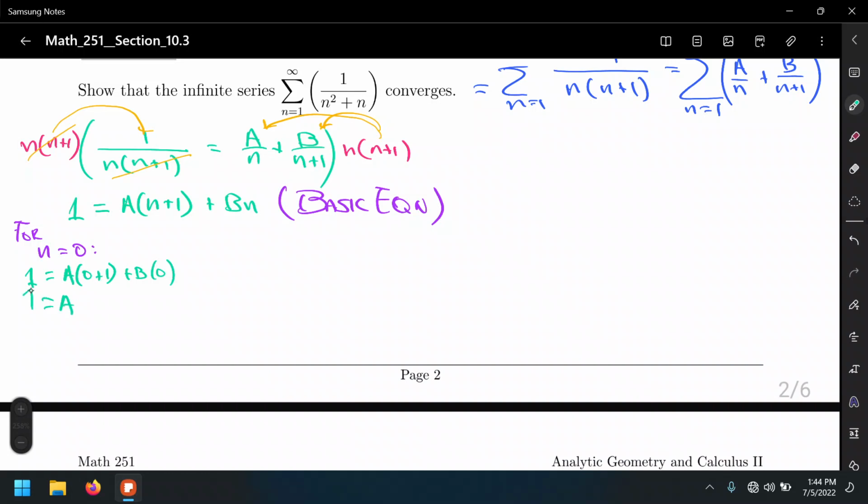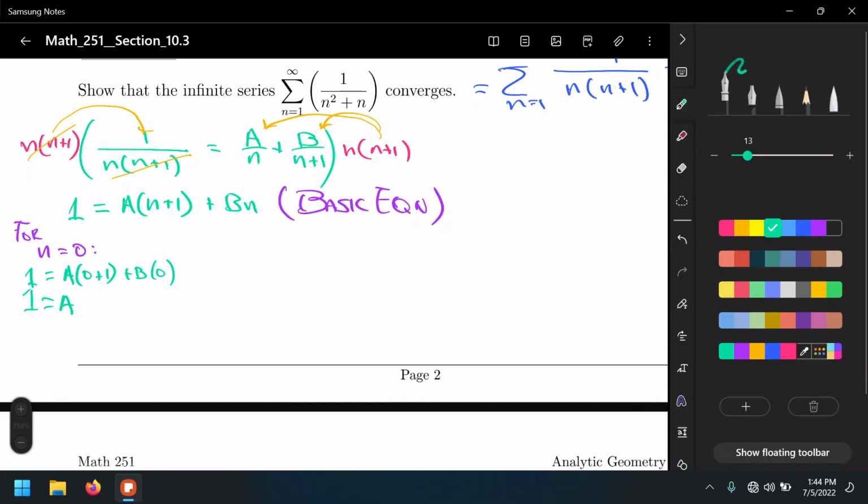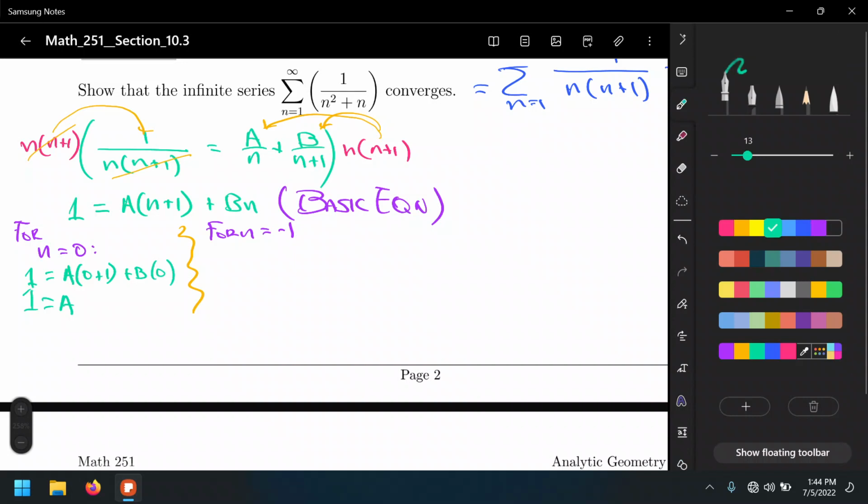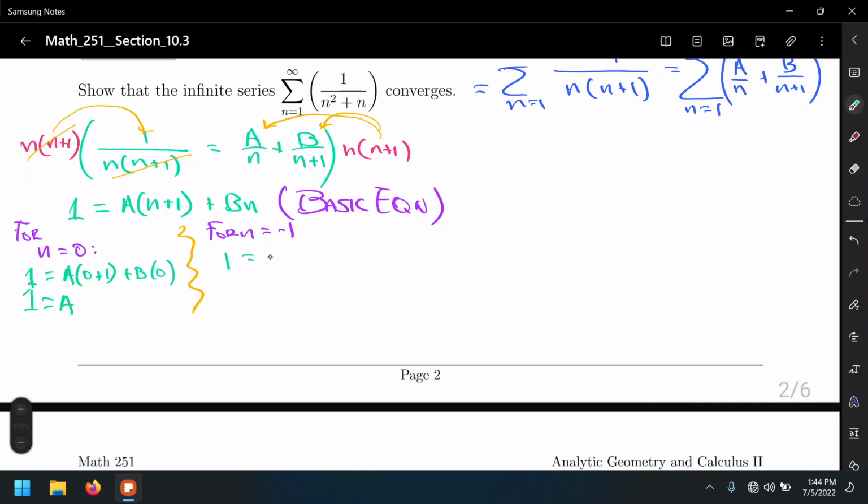All right? Can you think of another convenient value? Negative 1. That zeroes out the A. So 1 equals A times negative 1 plus 1 plus B times negative 1. In this case we get negative B on the right hand side and a 1 on the left hand side, leaving us with B equals negative 1.